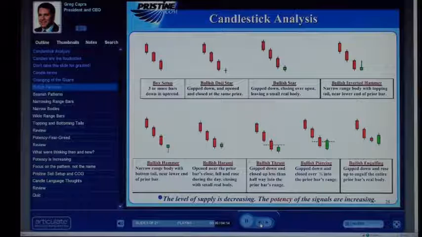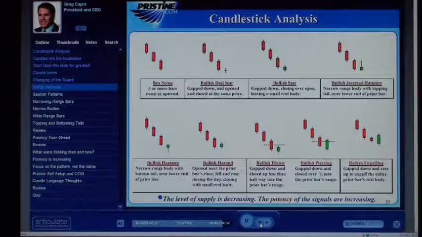The bullish piercing gapped down and closed halfway into the prior range. So now prices are moving further and further into that prior red bar, where the signals are becoming more potent. When I say that, the level of supply is decreasing, meaning it's absorbing the supply from that red bar.